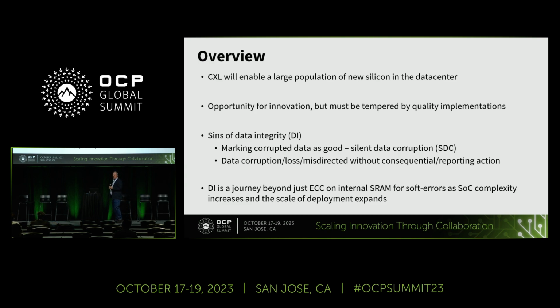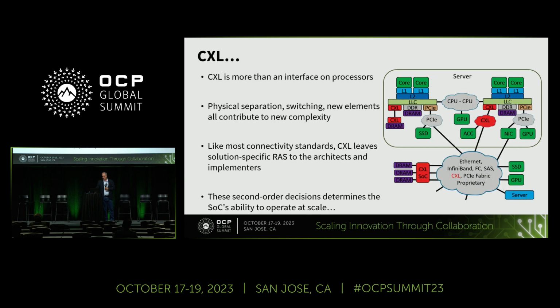And it's a journey. I know there are people out there with silicon right now who are just learning this, because when you take silicon to scale and put 1 million things in the field, that's going to be a problem.